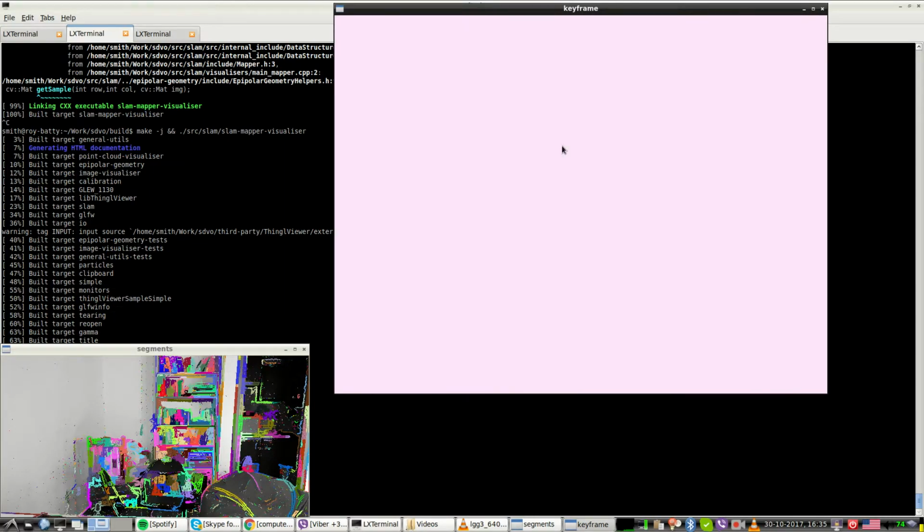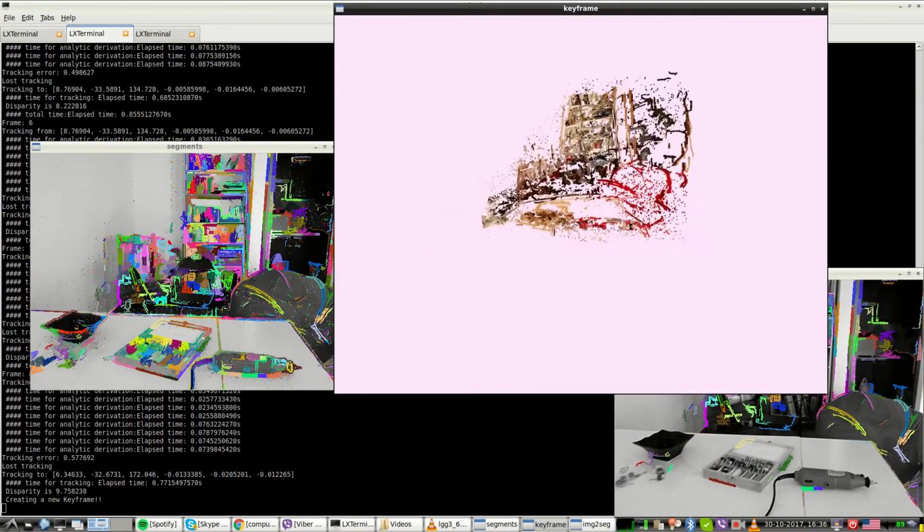So we start with the initialization of the first keyframe. It has random depth between some values, and then we start the algorithm. It immediately creates a somewhat good approximation, but it's actually quite a bad approximation because the camera is moving only forward and backwards.